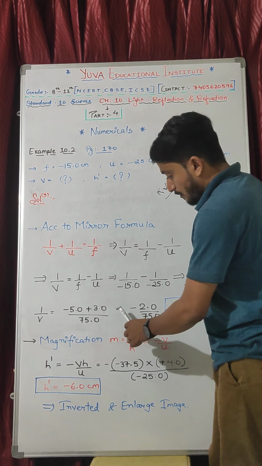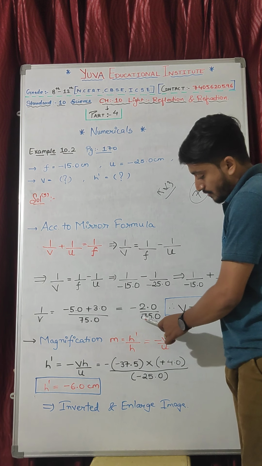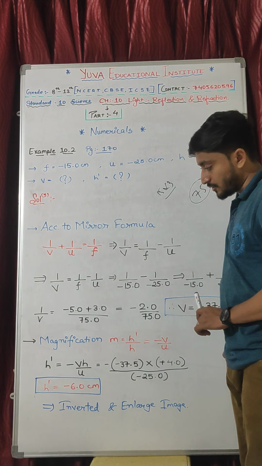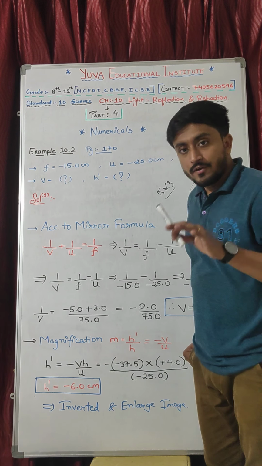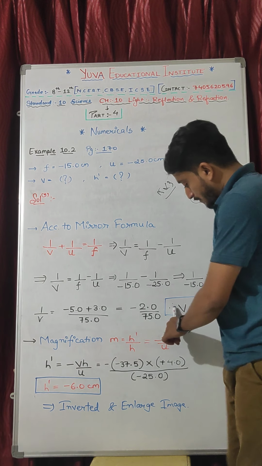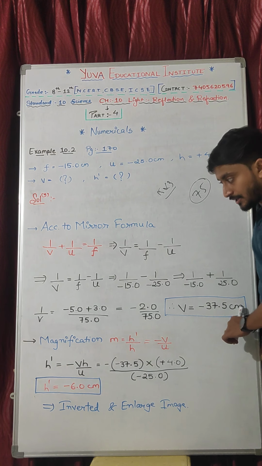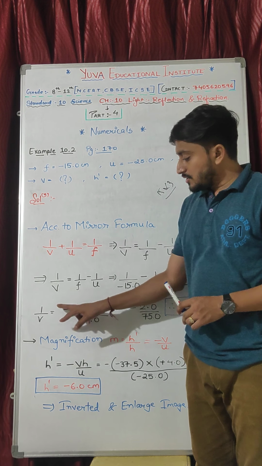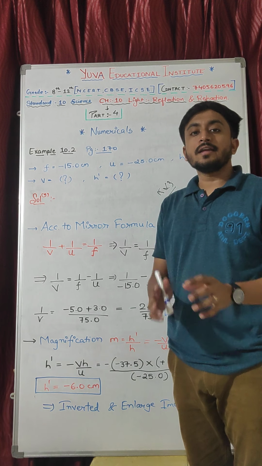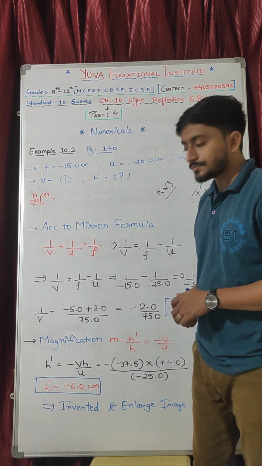Okay, now that is equal to minus 2.0 divided by 75.0, that is the value of 1 upon v. We require v, okay? So v is equal to minus 37.5 centimeter. Whatever value you get of 1 upon v, just take its reciprocal. So we are getting image distance v, okay?